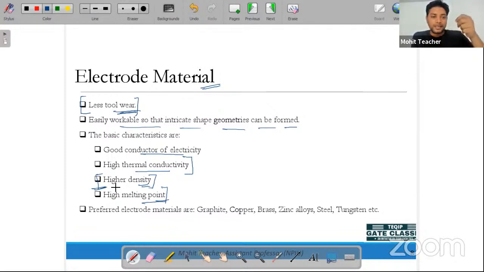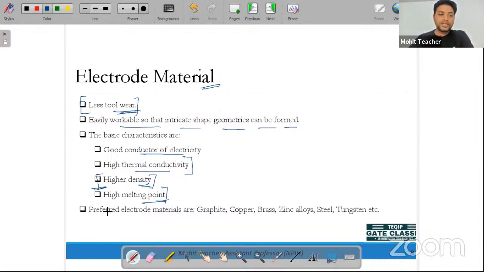Otherwise, if it is of less density, then it will not sink inside the dielectric fluid, so it will try to come out again. We want some gap to be maintained between the tool and the workpiece. It should not be floating on the dielectric fluid. So we have to keep that in mind.